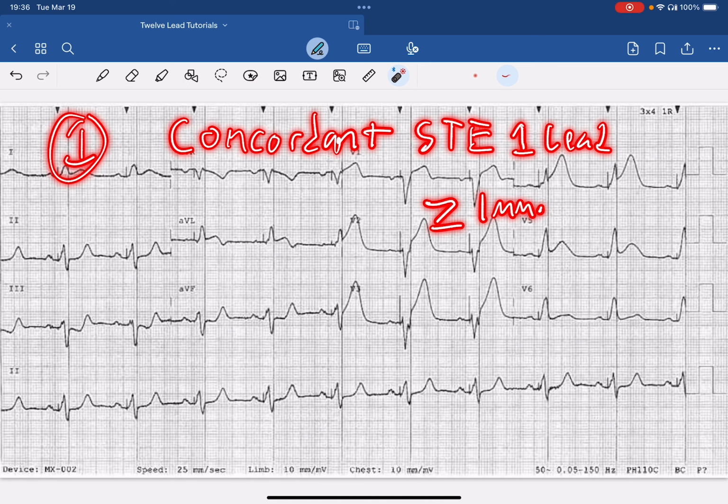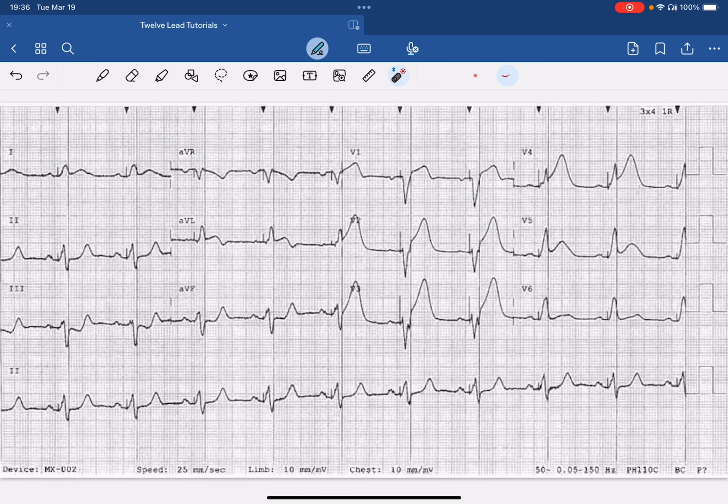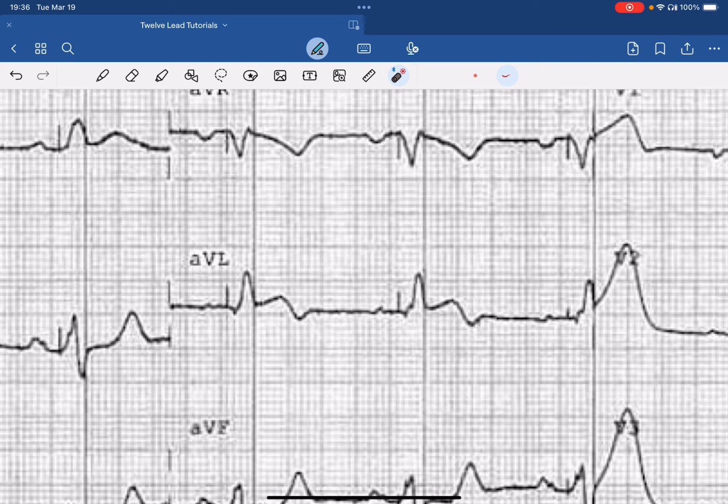So that's going to be our first finding that we're hunting for when we're looking at this 12 lead ECG: concordant ST elevation in at least one lead, with that ST elevation being at least 1 millimeter or greater in height. If we take a stepwise approach, we'll notice that in lead one, we do seem to have some concordant activity.